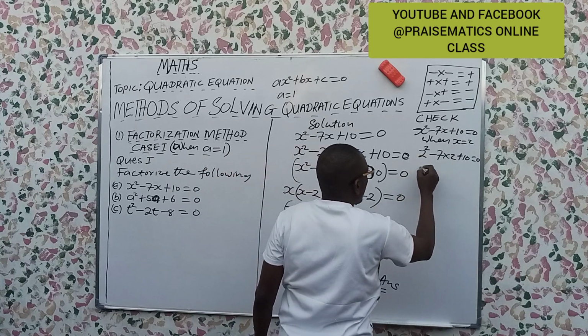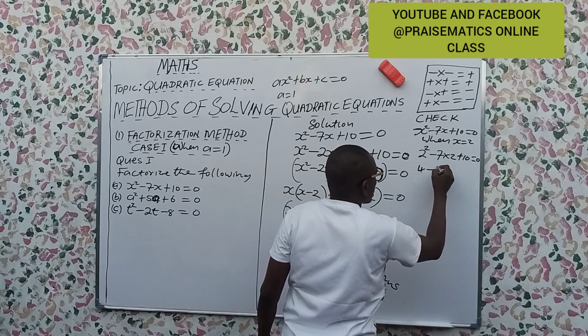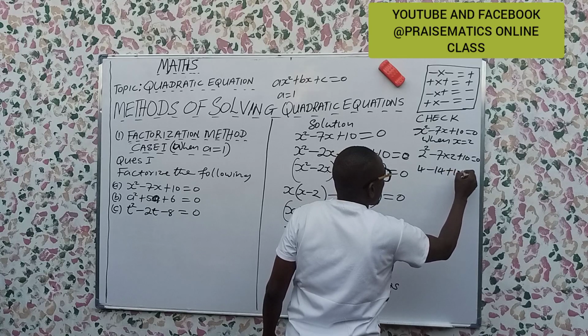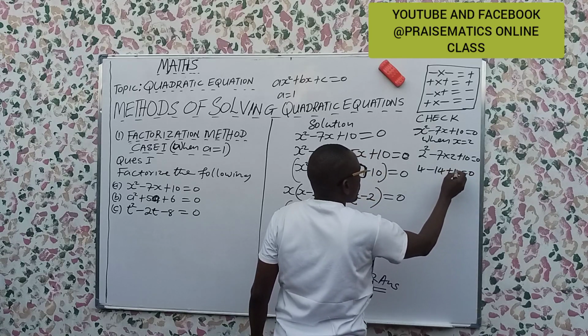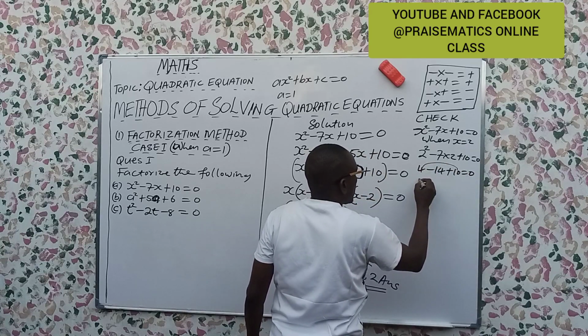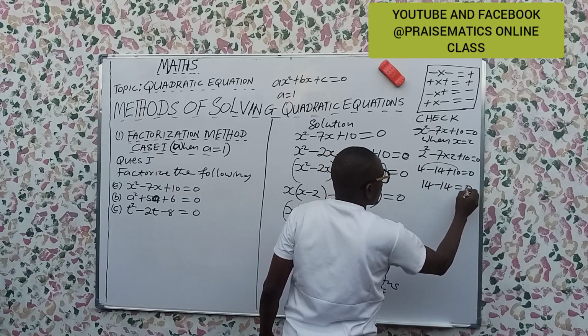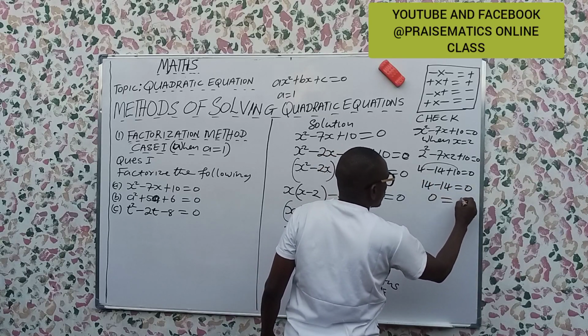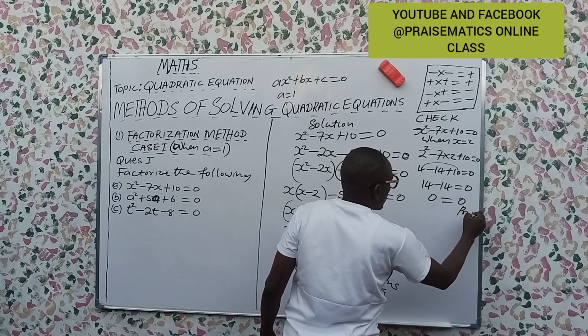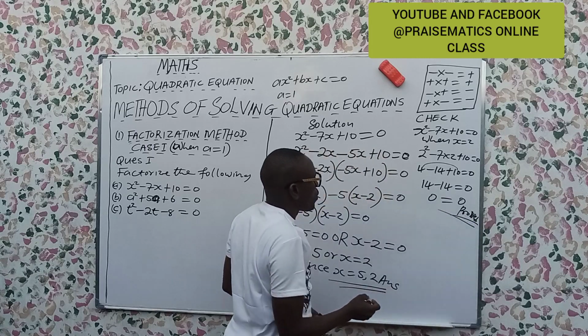So what do we have? We have 4 minus 14 plus 10 equal to 0. Collect like terms. All the positive numbers come together. 4 plus 10 will give us 14, minus 14 equal to 0. 0 is equal to 0. Proved.